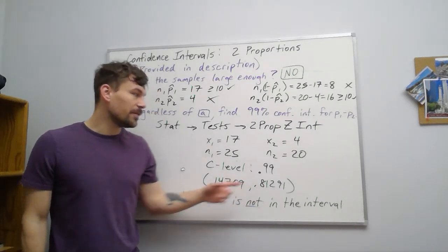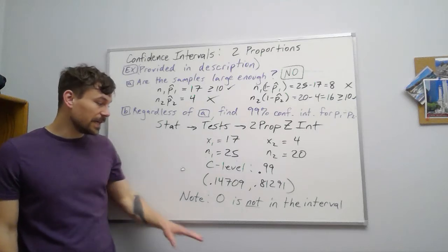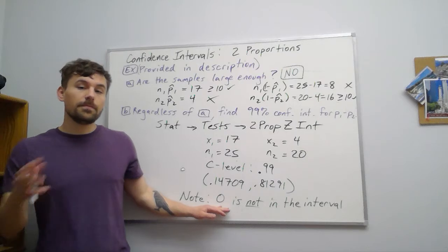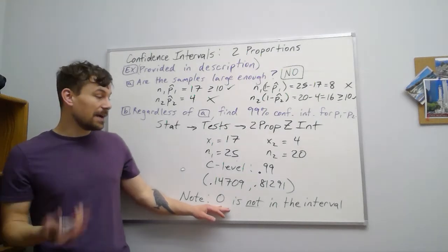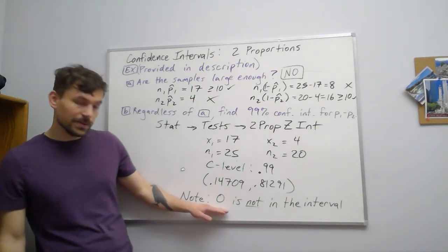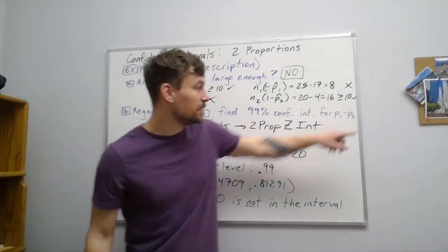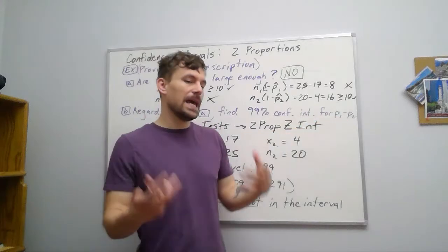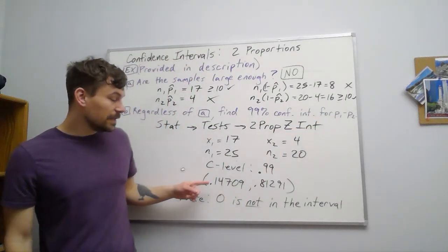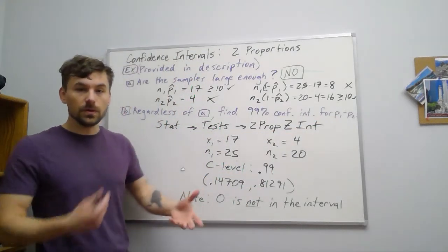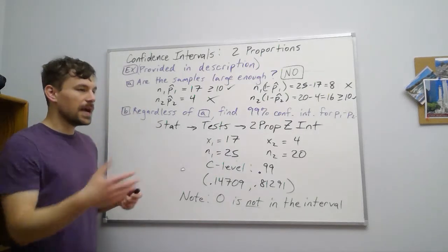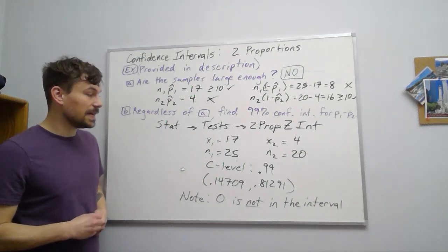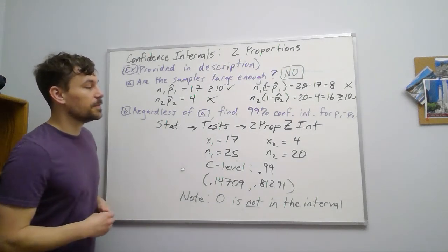So if everything's positive here, we would say fairly conclusively that it doesn't appear to be possible that Pacific and PSU have the same proportion. 0 is not in there. So P1 minus P2 can't be 0, meaning P1 and P2 cannot be the same. So P1 is always greater than P2. This is just looking ahead, thinking how I might tie this into a hypothesis test.